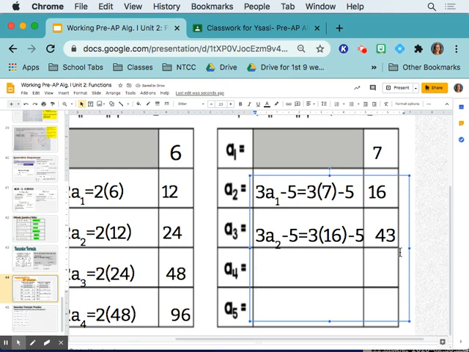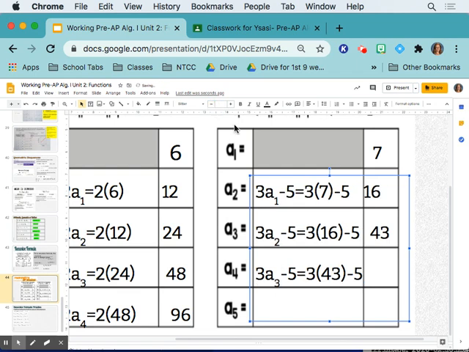Then the next one is 3 times A3, because we're finding A4, so we use A3. That's 124. Yeah, you're right, it's 124.